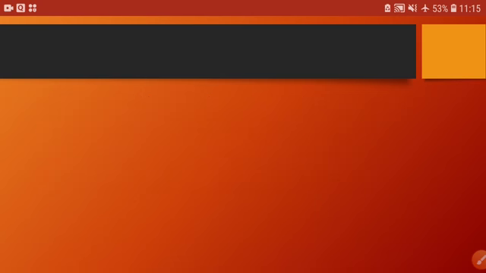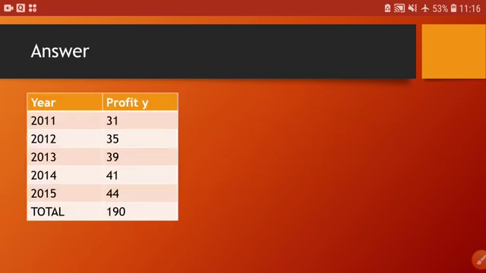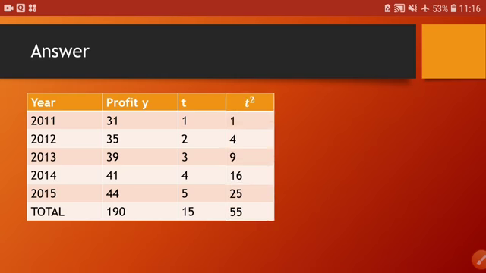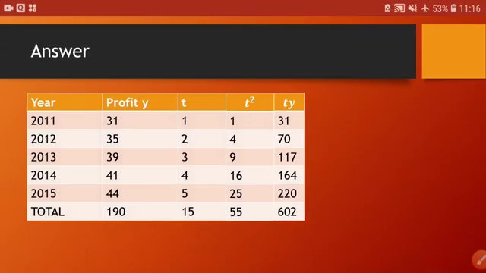I told you that if years are given in the question, 2011, 12, 13, 14, 15, then you have to convert those years into t, and t will always start from digit 1. So if there are 5 years, t will be 1, 2, 3, 4 and 5. Then you need to find t square and t into y. t square is the square of column t, and ty is the multiplication of column t and y.